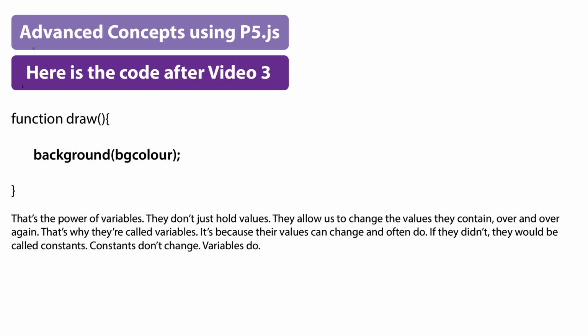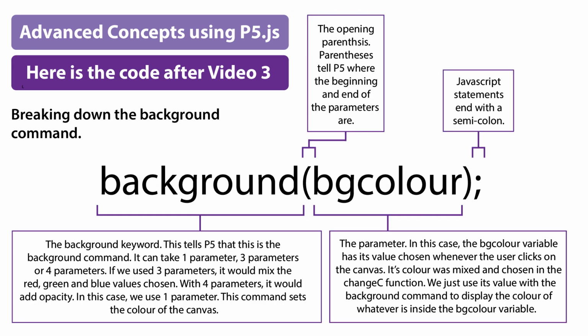And that's what we're going to do. So here we see the breakdown of the background function. Background is a keyword, and inside the background function is the BG color variable. It holds the color of the canvas.